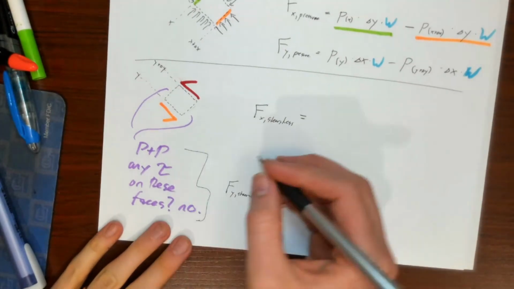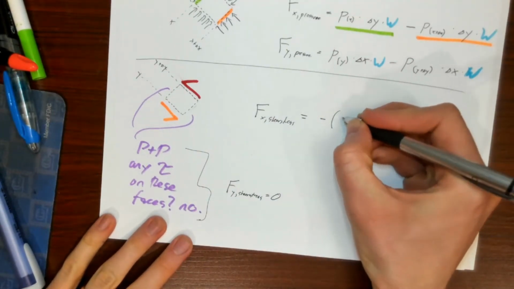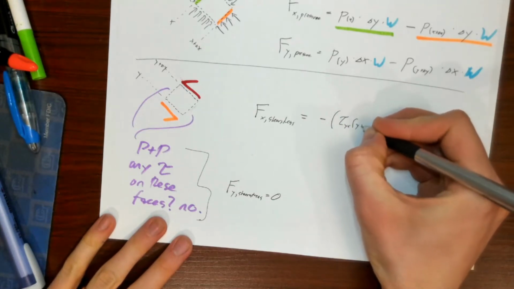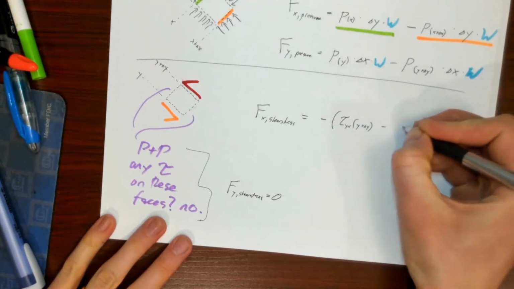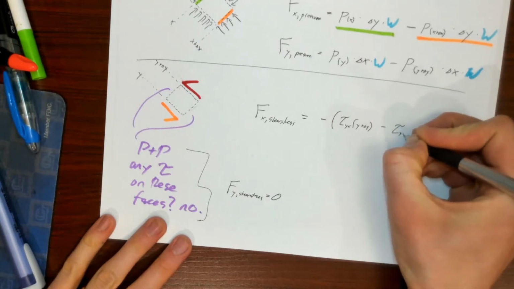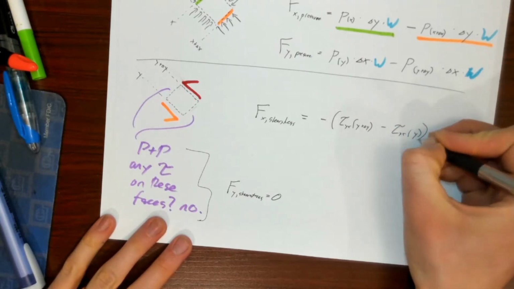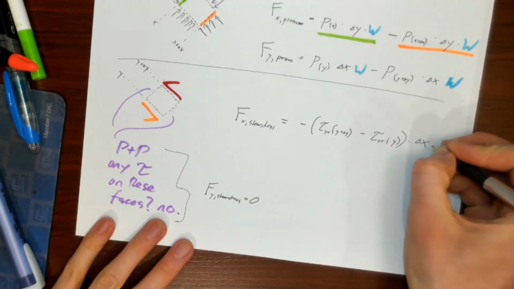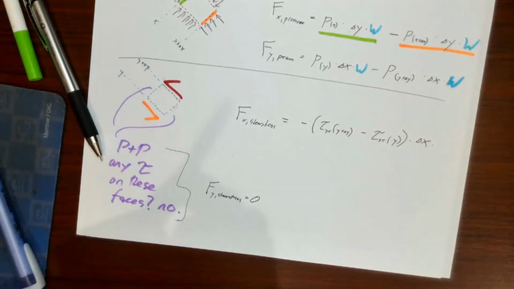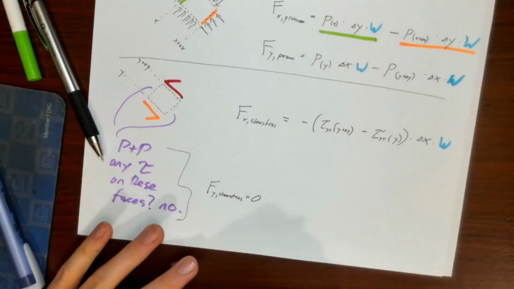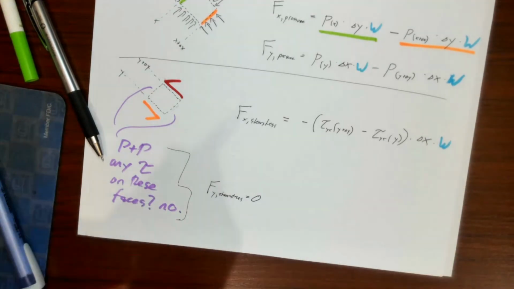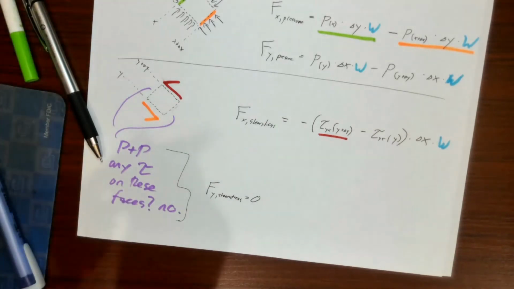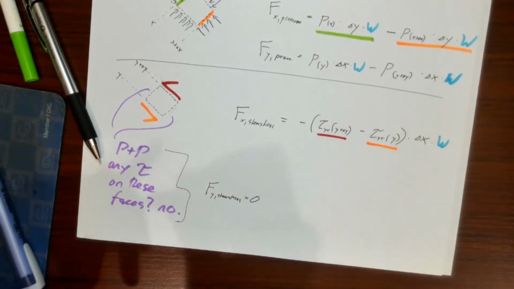So we get the following: the force is minus tau yx at y plus delta y minus tau yx at y times delta x times w, where that one came from here and this one came from here.